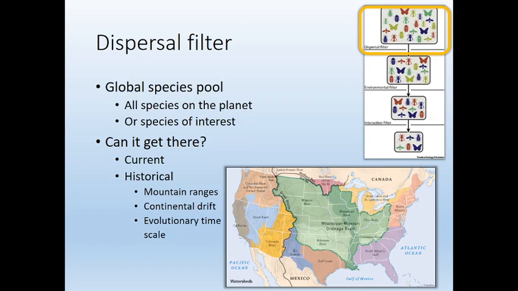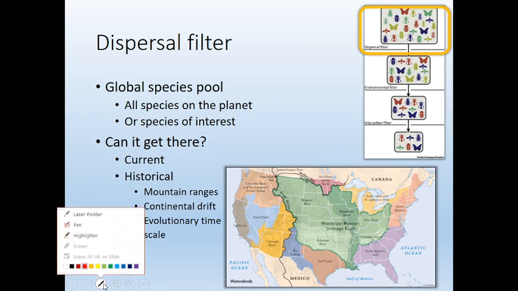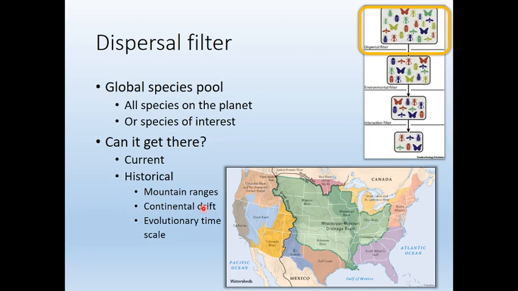So if you look at this picture down here, what we've got is all these different watersheds. Let's say we find largemouth bass in the Mississippi, Missouri drainage basin. You actually don't find largemouth bass naturally, at least, west of the Continental Divide.